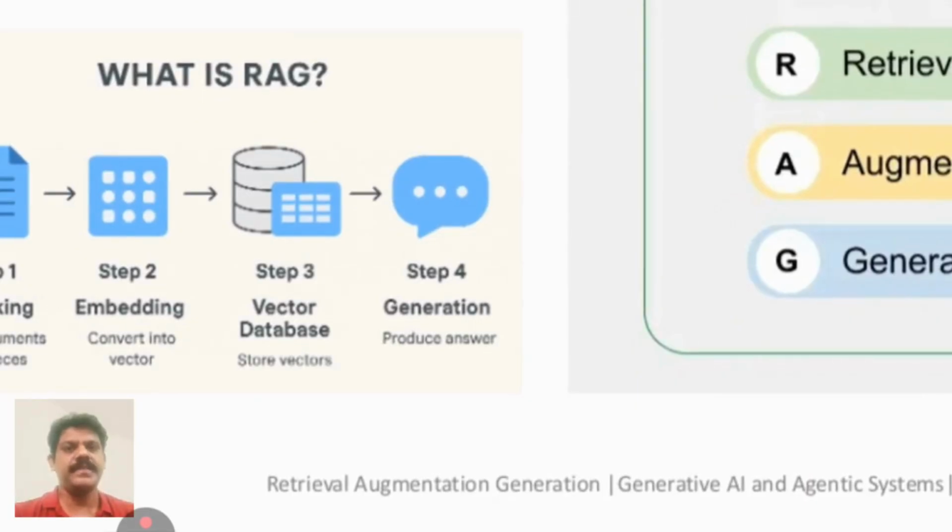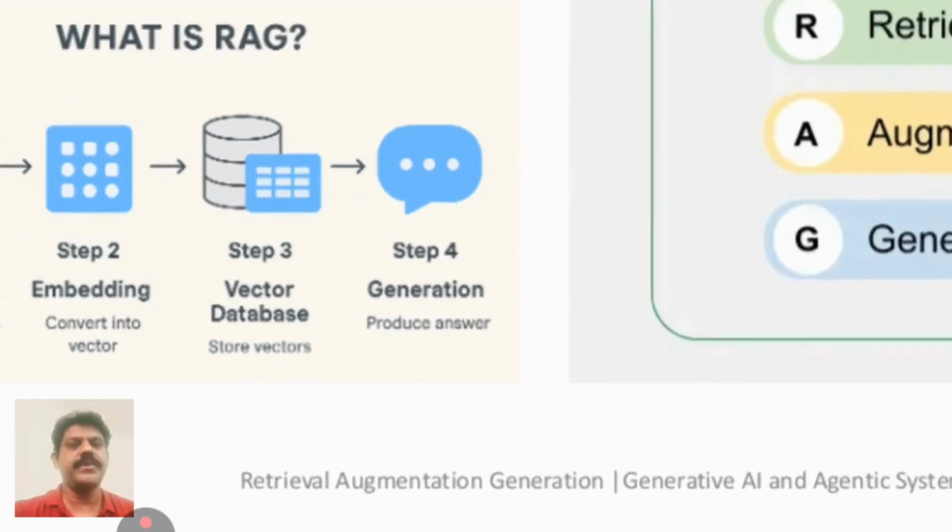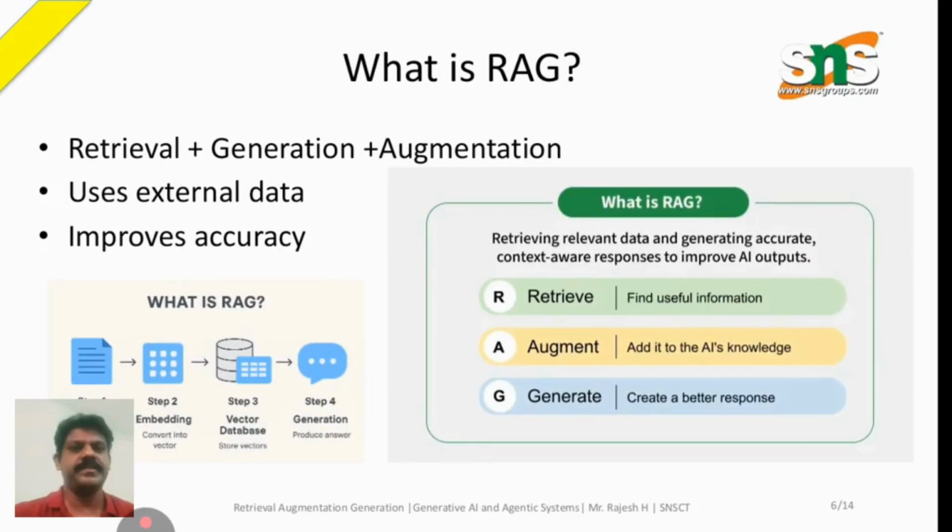In the second step, the embedding process happens, a conversion from text to vectors. In the third step, the vector database is populated with a different set of vectors, and finally the generation produces the content with respect to the prompt that is fetched from the vector database.